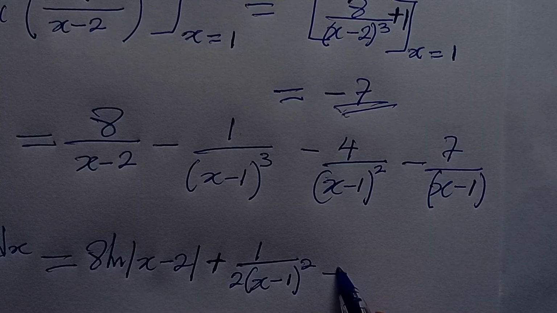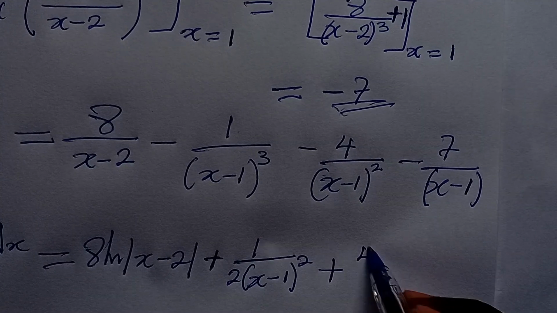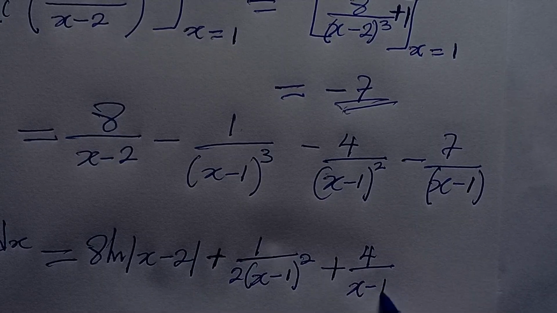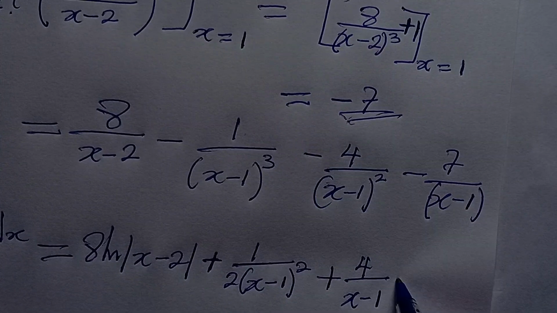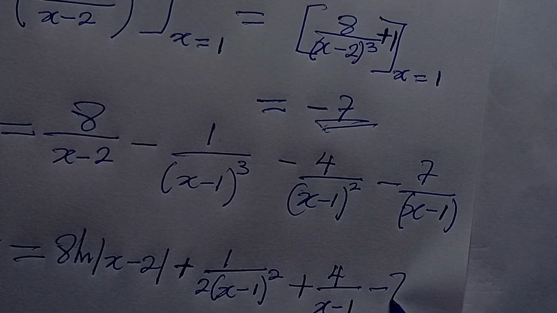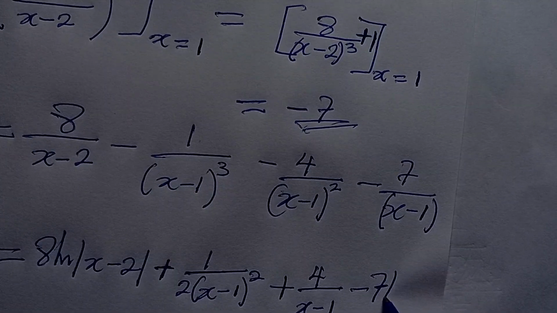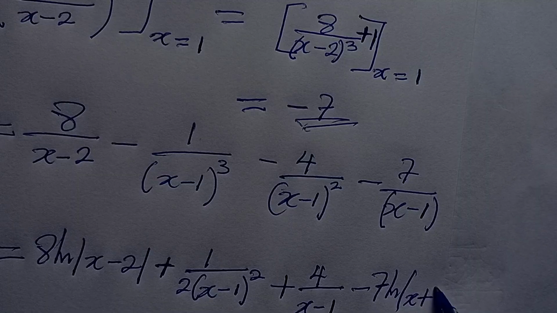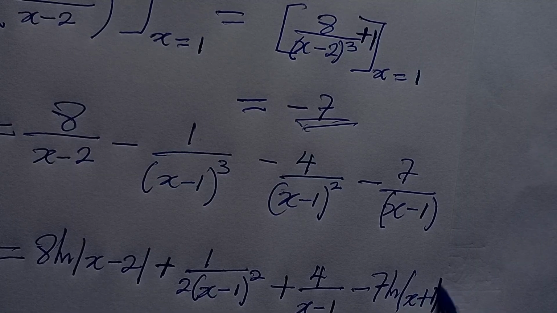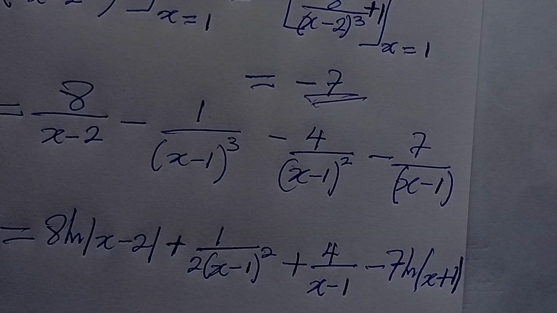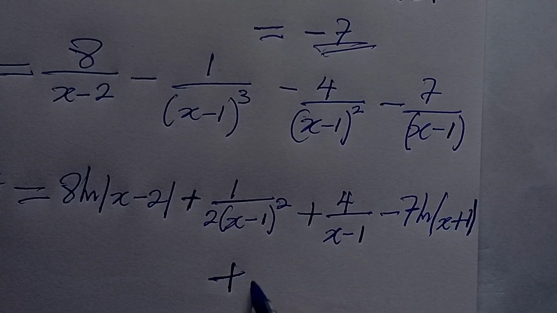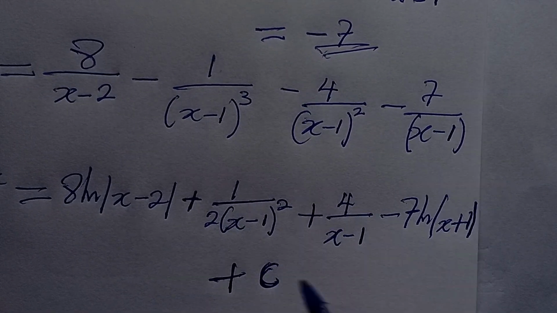There we have plus, because this is going to turn to positive, minus times minus, all over x minus 1. Then here we have minus 7 ln of the absolute value of x minus 1. Then plus c, which is the constant of integration.